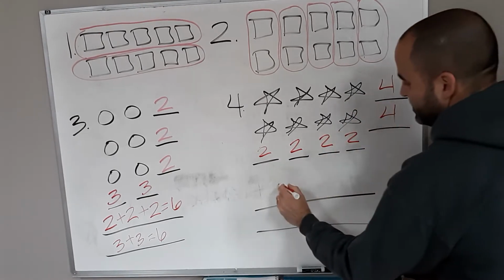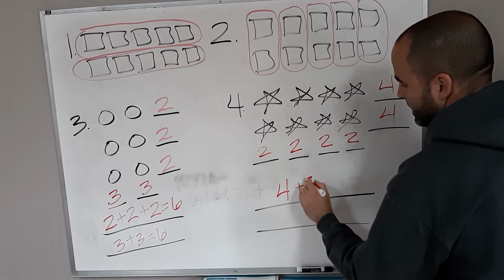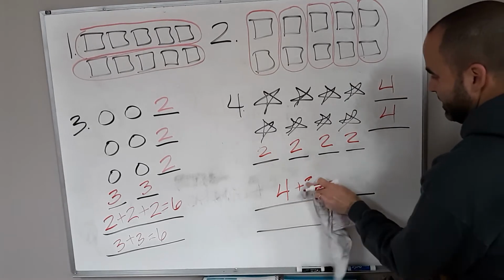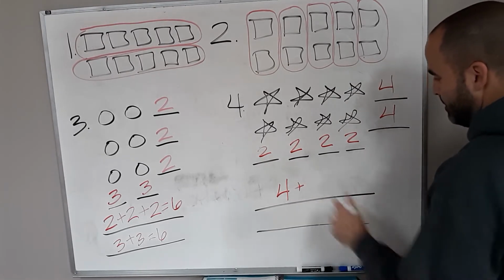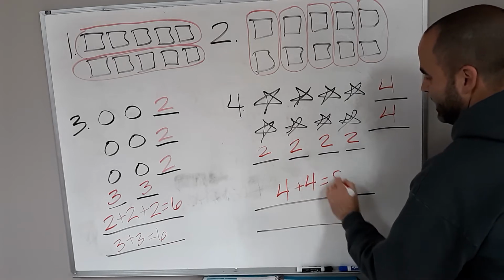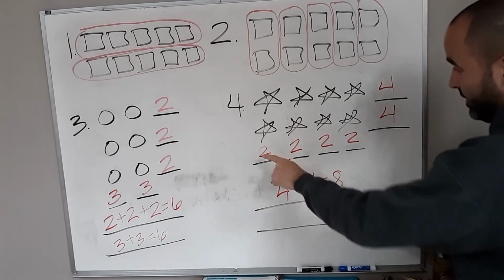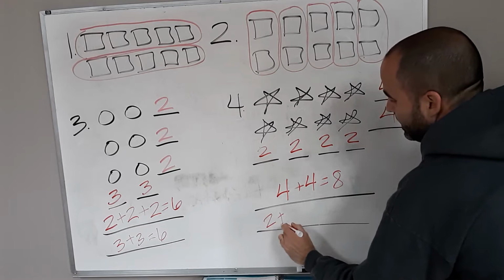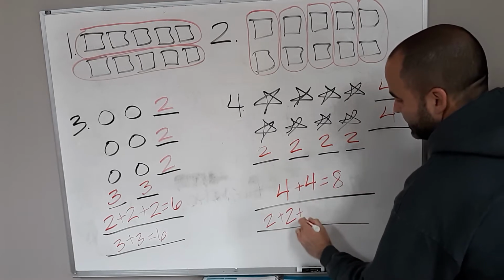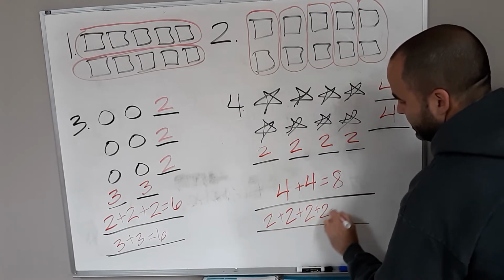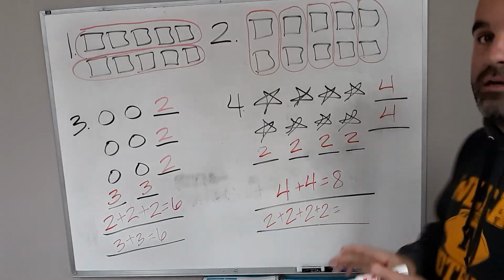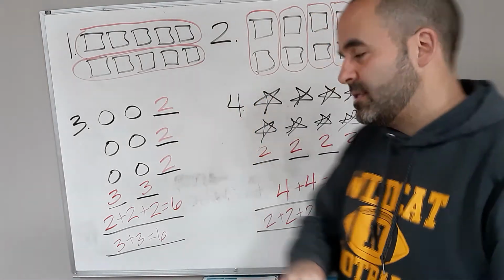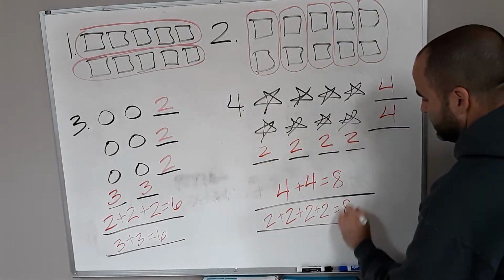We have 4 plus 4, and that equals 8. In our columns, we have 2 plus 2 plus 2 plus 2. And that, 2, 4, 6, 8, also equals 8.